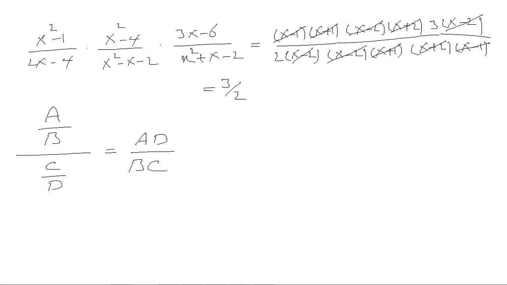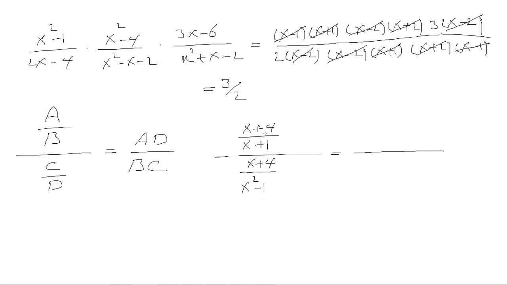So for example, if I have something like this, x plus 4 over x plus 1, the whole expression over x plus 4 over x squared minus 1, I can write this as a simple fraction.